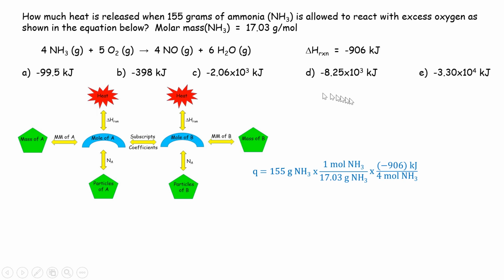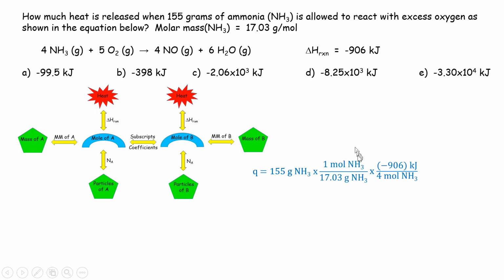So now the question is, what kind of conversion factor should we use? We know in the previous calculations in stoichiometry, we use the coefficients in the balanced equation. Here, we use the coefficient in the balanced equation as well as delta H of reaction.